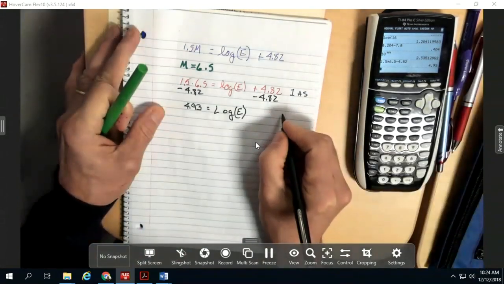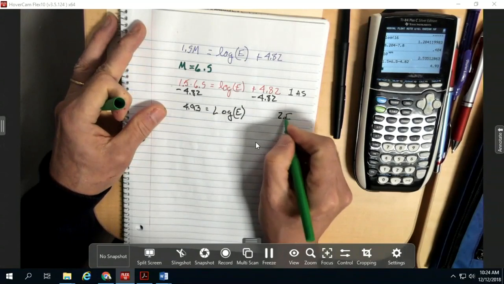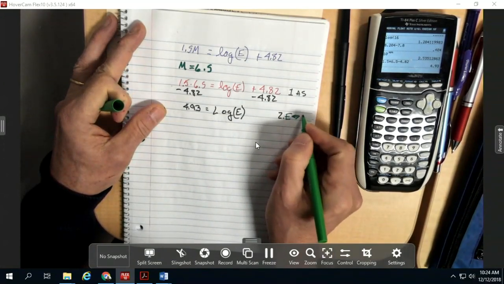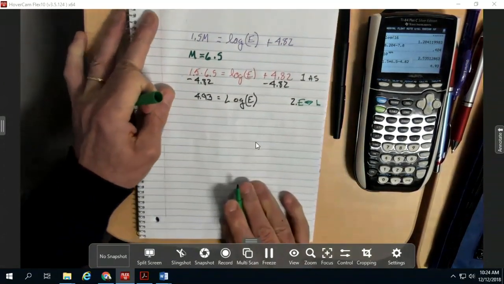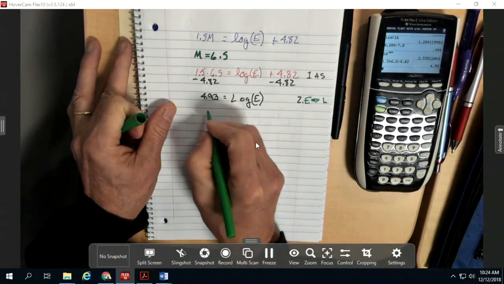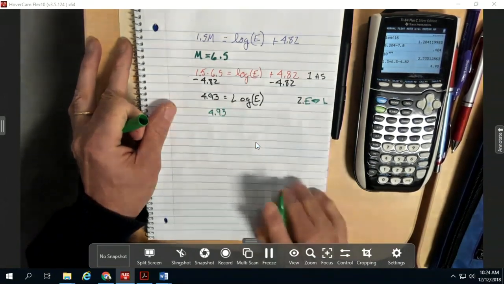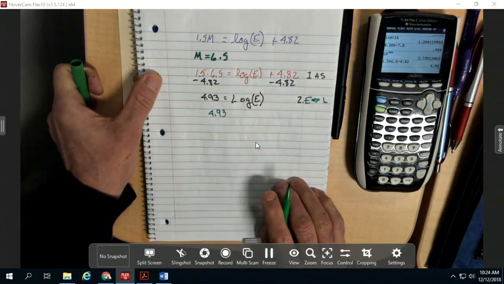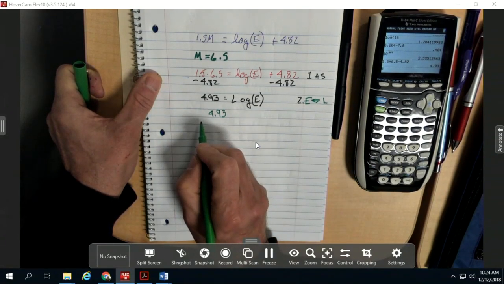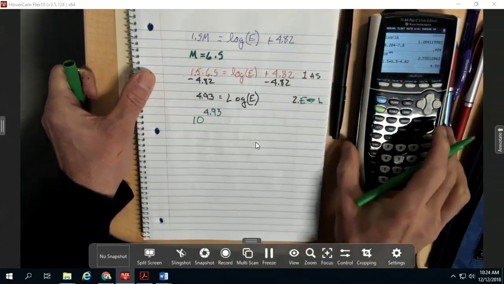What's my next step? Yep, exponent to log. So we're going to switch exponents and logs around. Remember, a logarithm is an exponent. So the 4.93 is the exponent. What number is the base? 10.